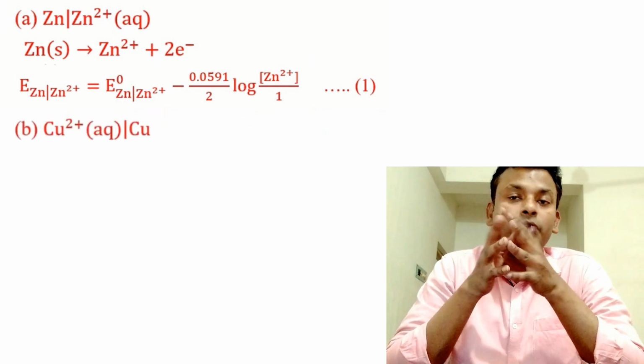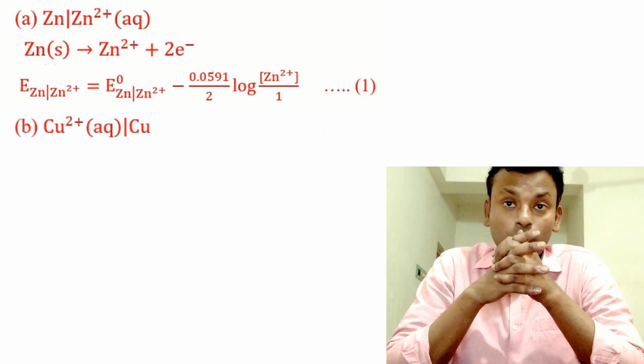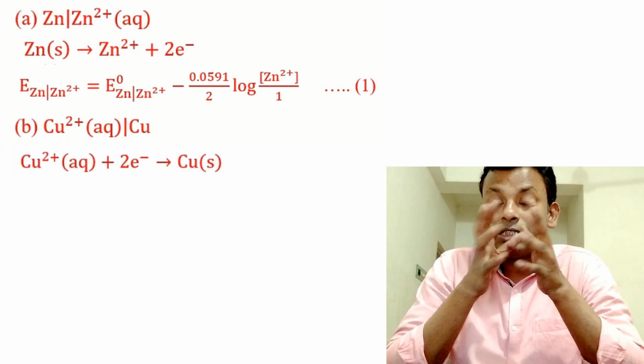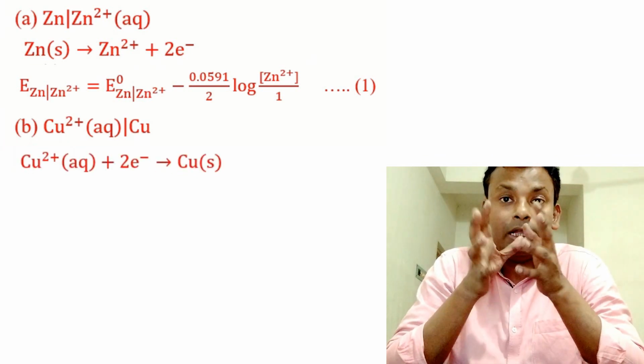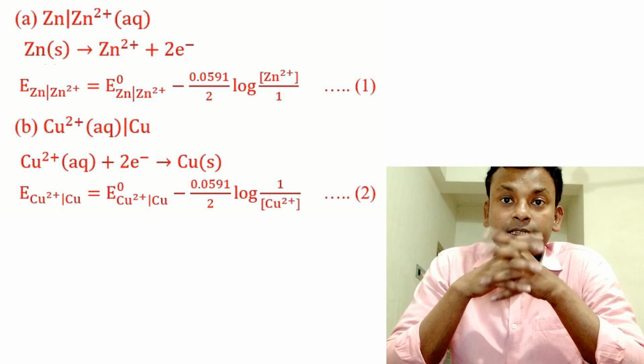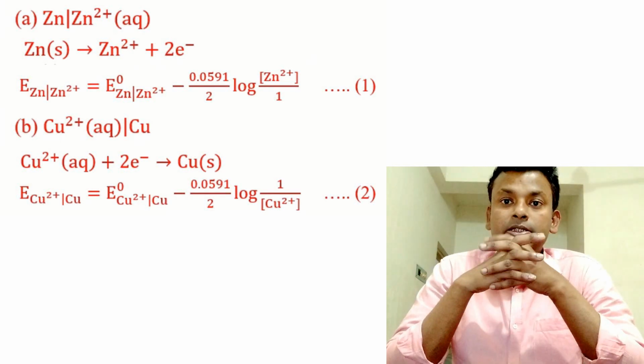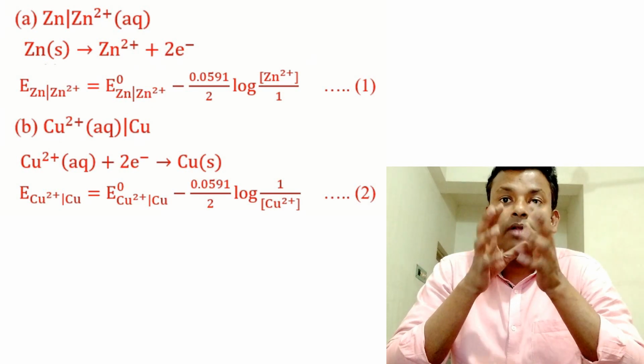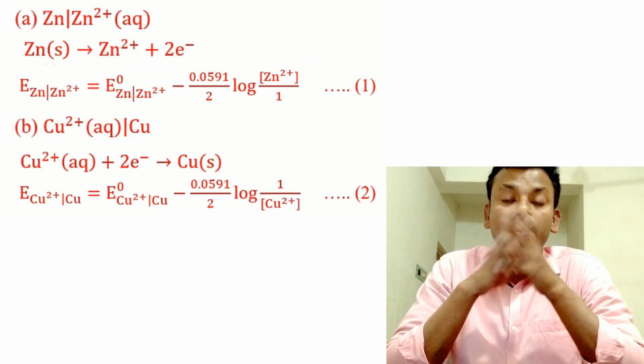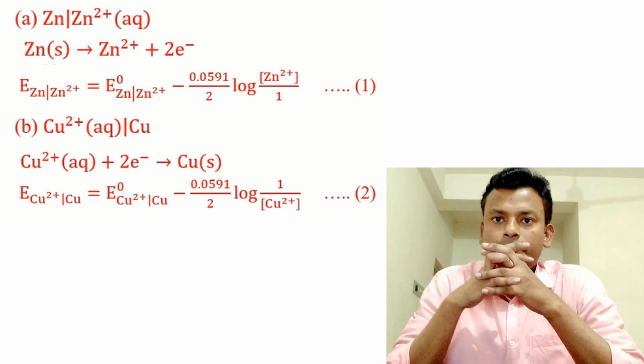The second half cell is Cu2+/Cu: Cu2+ aqueous plus 2 electrons gives Cu solid. E Cu2+/Cu equals E0 Cu2+/Cu minus 0.0591 by 2 log 1 by concentration of Cu2+.